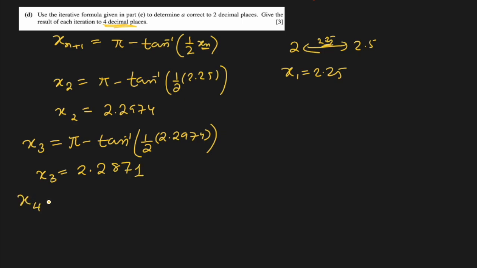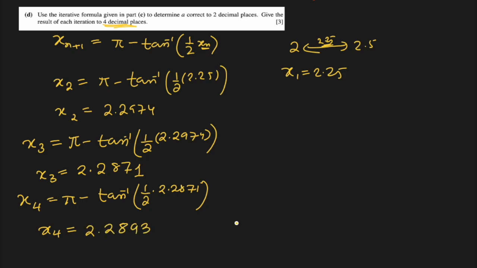In the same sequence, x4 will be pi minus tan inverse half times 2.2871. So x4 I get 2.2893, and we should stop here.